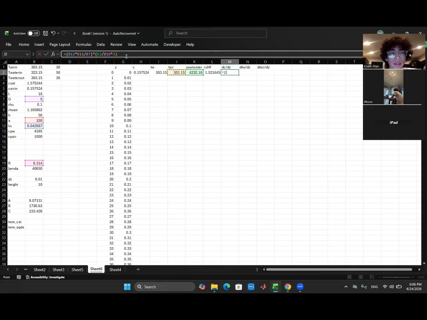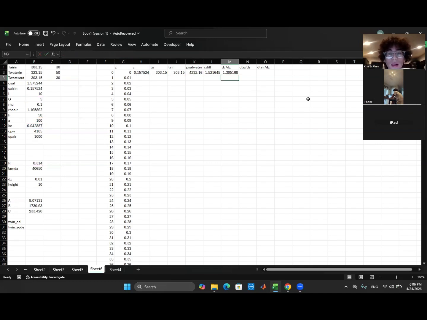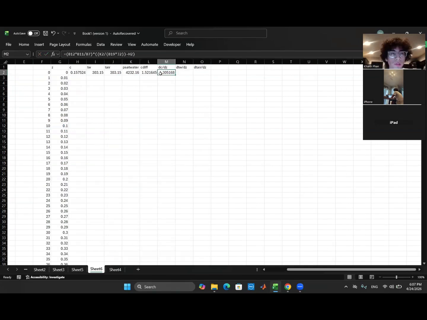And then, oh, don't forget to put this in parentheses as well. And then minus C. All right, so we've gotten DC DZ, or I can just simply replace this entire thing with C diff because we already got C diff over here.